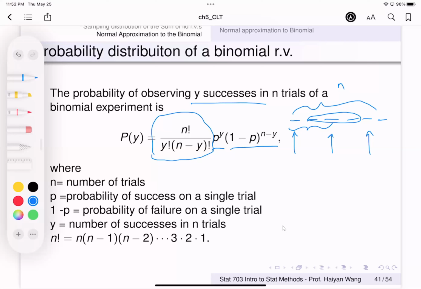And for this probability in R, we can use dbinom, the d for density, binom for the binomial. With this one, you would need to feed the value y, and you also feed the number of trials and the success probability to this command.